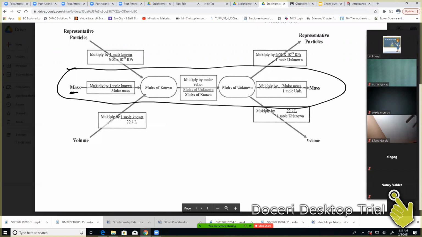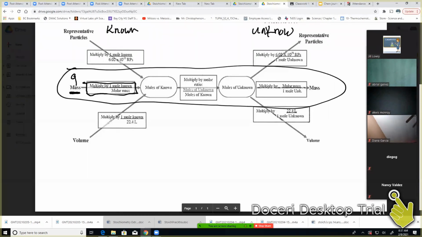Notice on this side, this is your known side, this is your unknown side. So if your known is given to you in grams or mass, you would start right here. And every time you come to a box, you don't need to outline your box, but every time you come to a box, that tells you what you're going to multiply by.